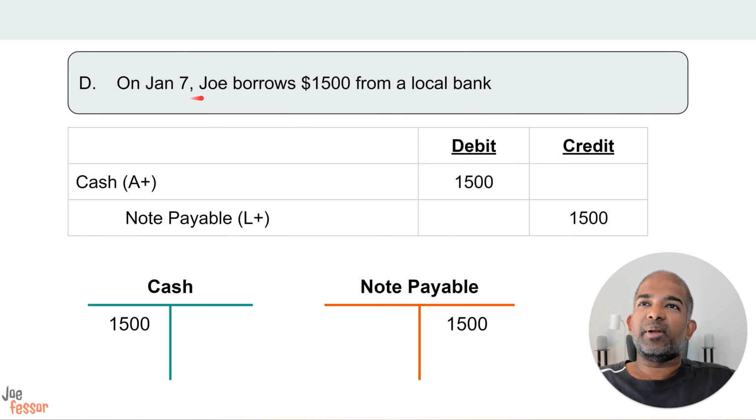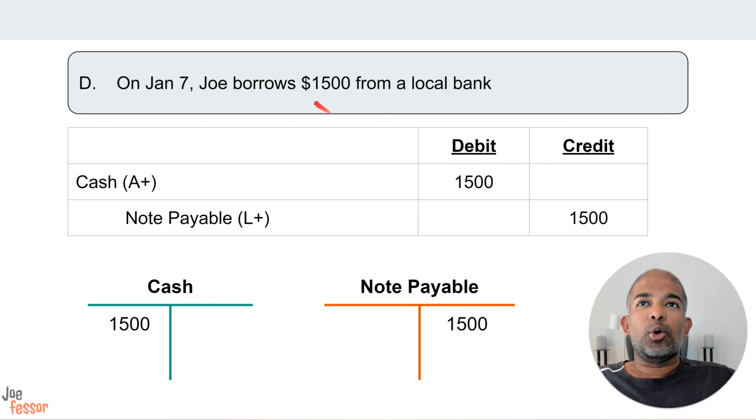On the 7th of January, Joe borrows $1,500 from a local bank. He's been using up all his cash, so he feels like he needs to borrow some money. When he borrows $1,500 from a bank, it creates a liability that he owes this bank. The most obvious journal entry is that he receives cash of $1,500, so cash is an asset that would be debited by $1,500.